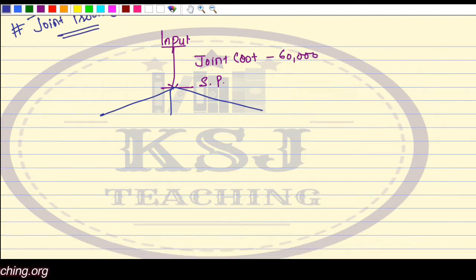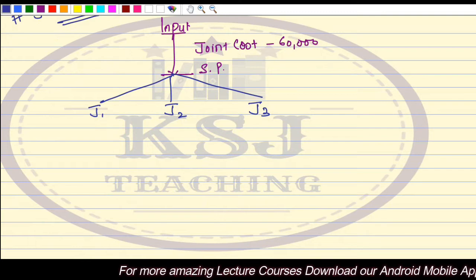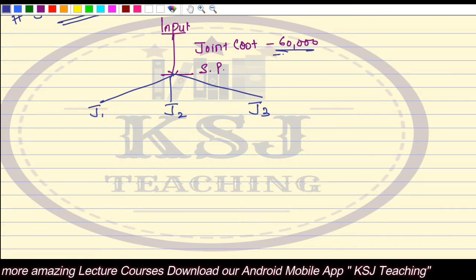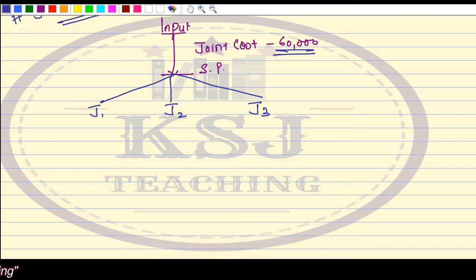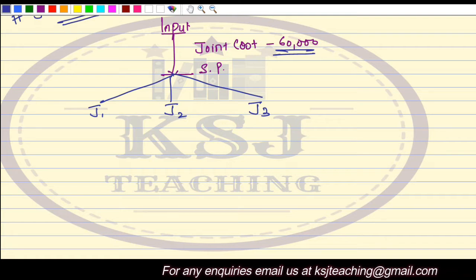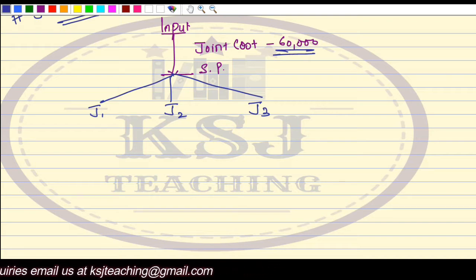So you are getting three joint products, say J1, J2 and J3. Till now, what we have been doing is distributing the 60,000 between the various products. We start from the top, from the input, consider the joint cost of 60,000 and distribute it between J1, J2, J3 by the various methods, whether physical units method, average unit cost method, contribution margin method, sales method or NRV.